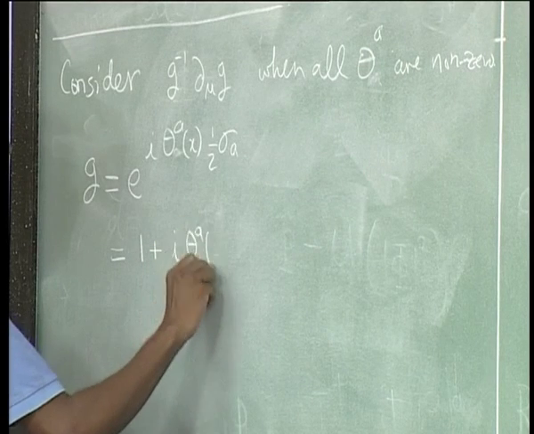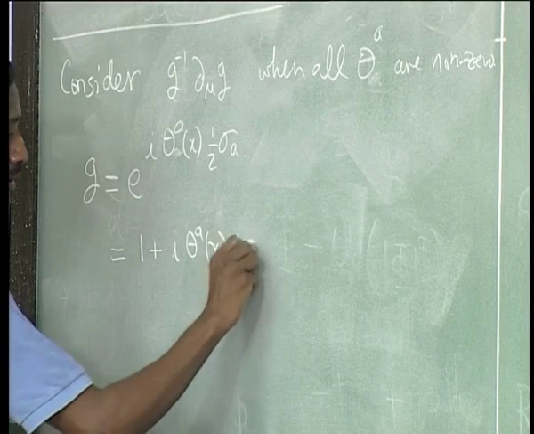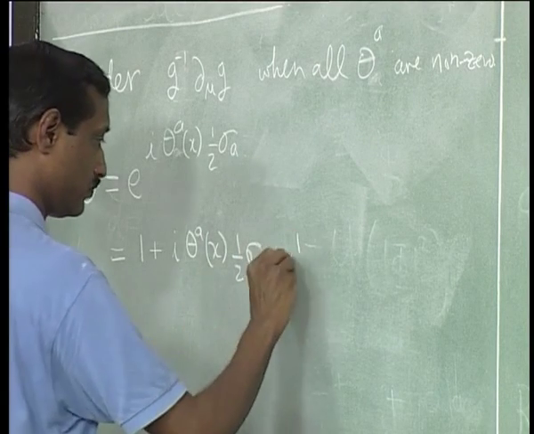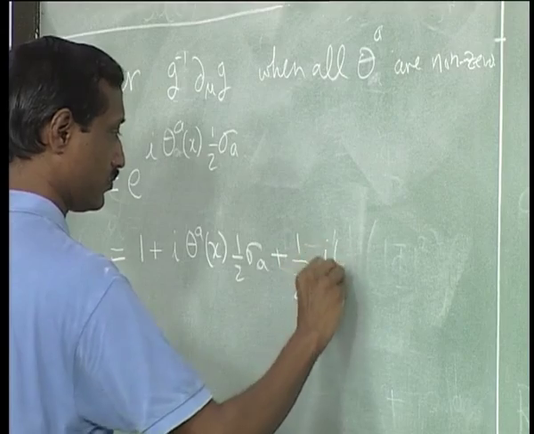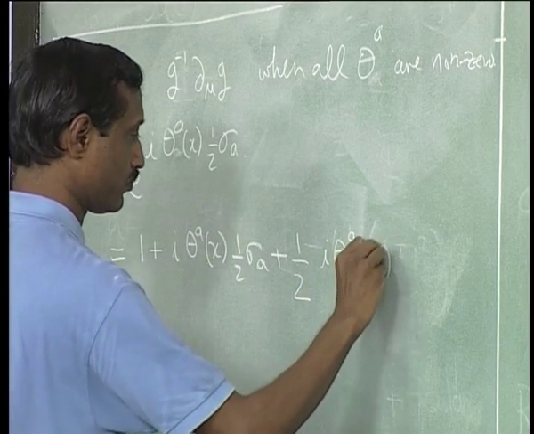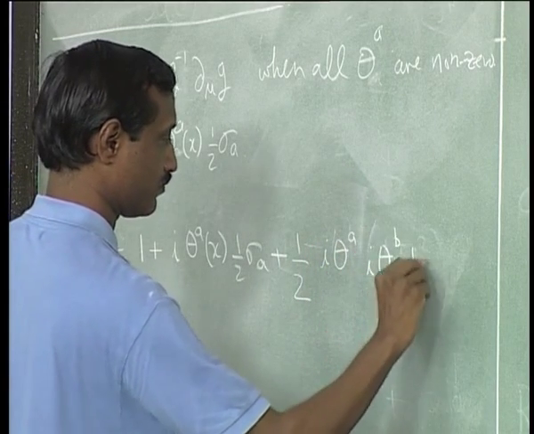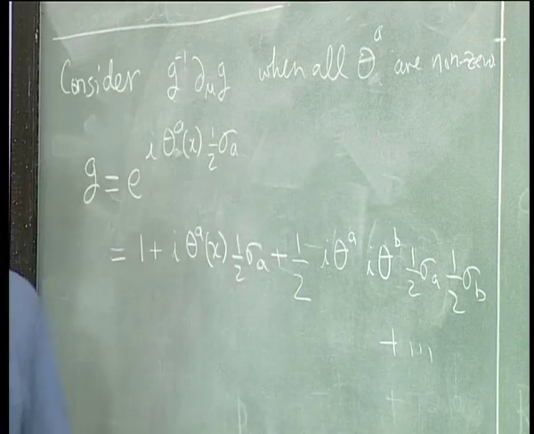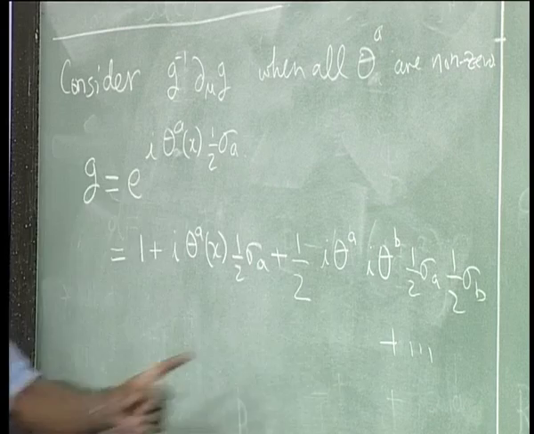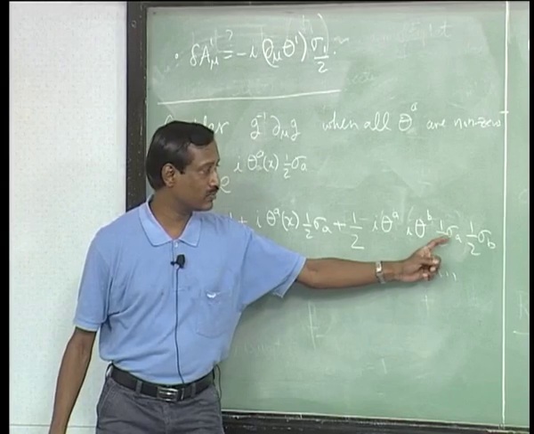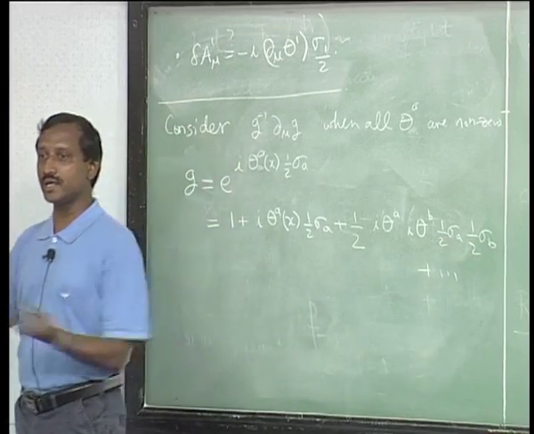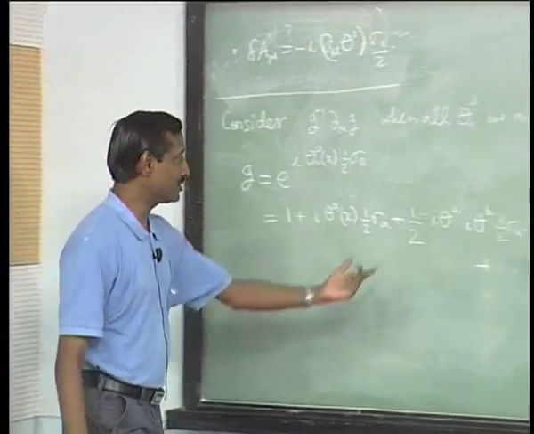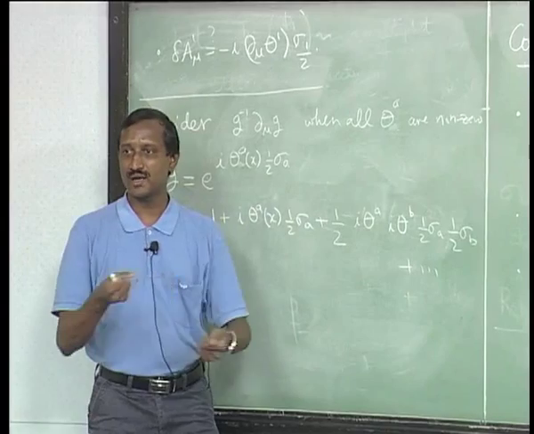For what I need to do, I need to work at least to second order, that is where things would run into trouble. Okay. So, I am pulling out these parameters, but sigma a sigma b is not generically equal to sigma b sigma a. So, I have to be careful on that, but these theta parameters, of course, they are just numbers, they commute with each other.